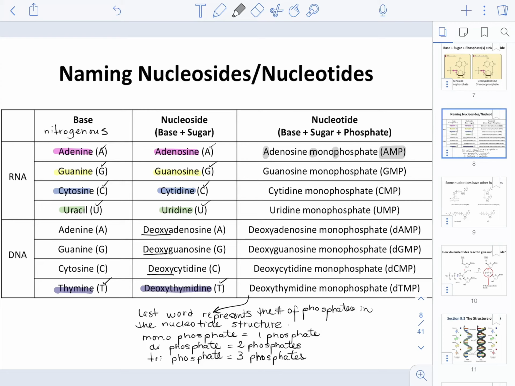If you had, for example, ADP, then that is adenosine diphosphate. So we have the A for adenosine, the D for the di, and the P for the phosphate. That's where ADP comes from.